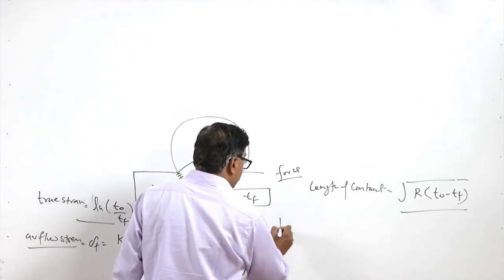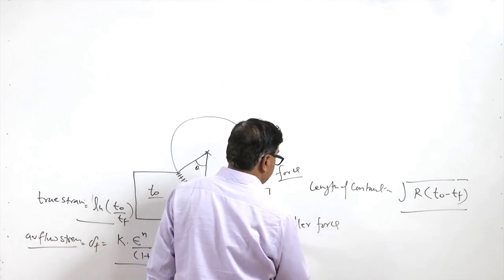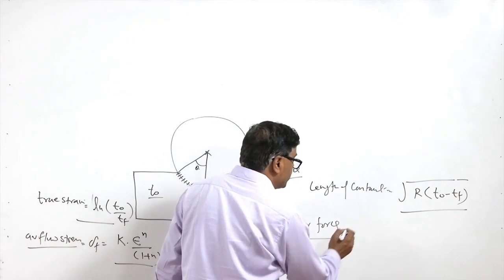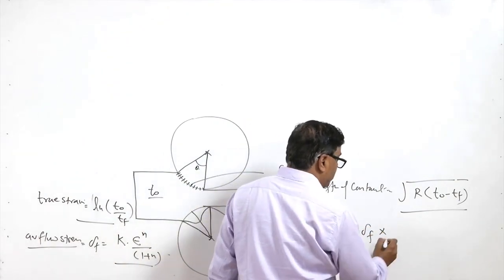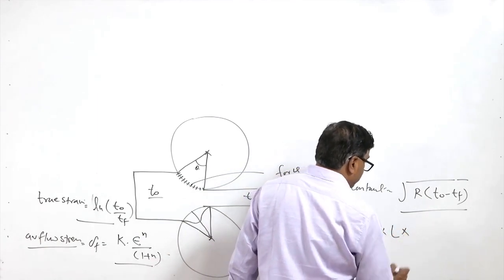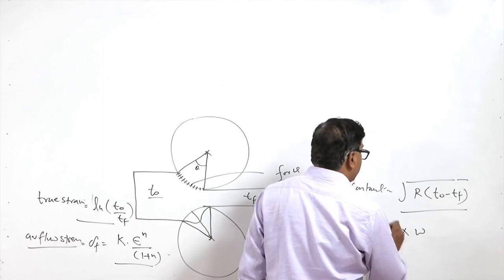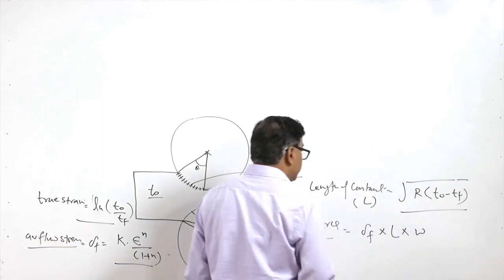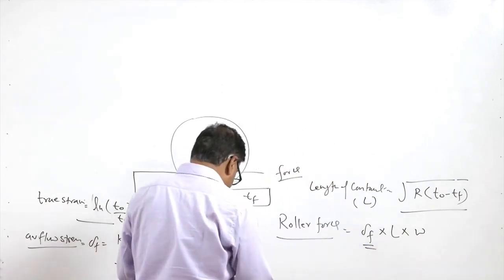Then the roller force, or the force acting onto the rollers, or the rolling force, can be obtained from the product of the flow stress multiplied by the contact length multiplied by the width of the plate. So, L is the contact length, W is the width of the plate being rolled, and sigma F is the flow stress.